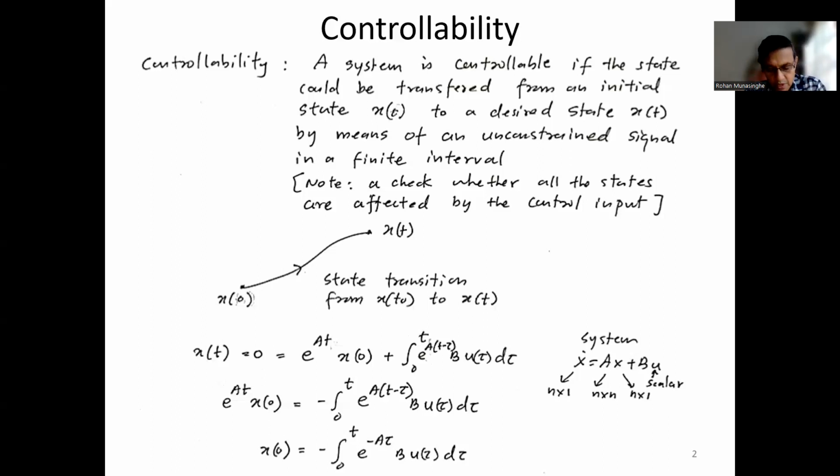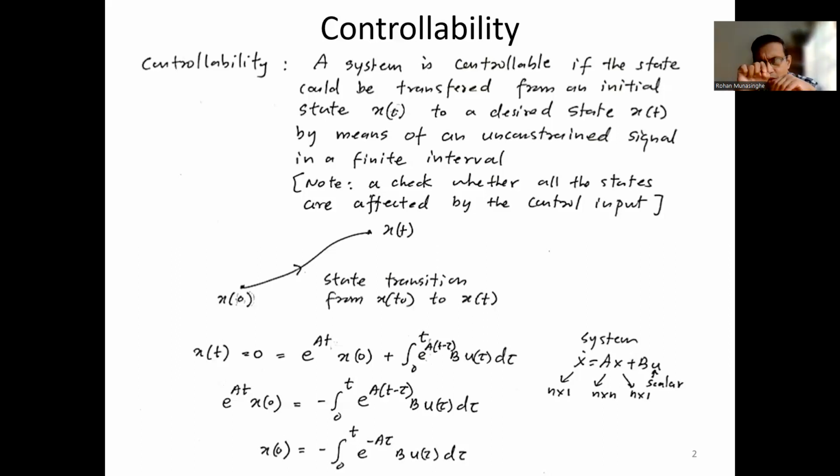So now the problem is, how do we know whether this is controllable? For that, the requirement is this. This is a check whether all the states are affected by the control input. If you look at a plant, it has a set of state variables, x1, x2, up to xn.